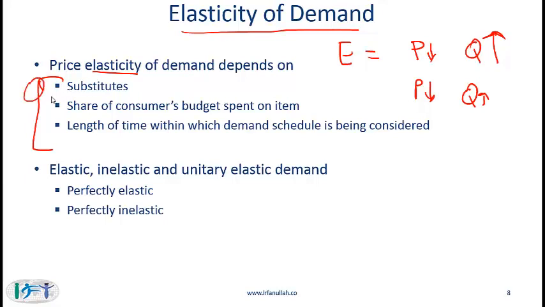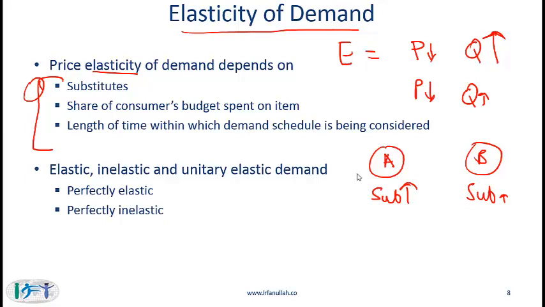The first one has to do with whether the product has a lot of substitutes. If you think of two products, A and B, let's say that A has lots of substitutes and product B does not have too many substitutes. Which product will have a greater elasticity?